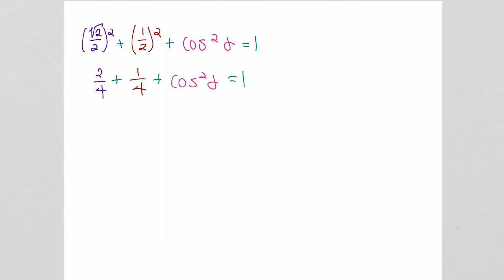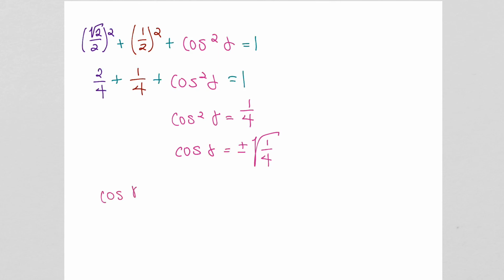So subtract 2/4 and 1/4 from 1, and you get cosine squared of lambda is 1/4. Now, to find lambda, take the square root of both sides. So cosine of lambda is positive or negative the square root of 1/4.